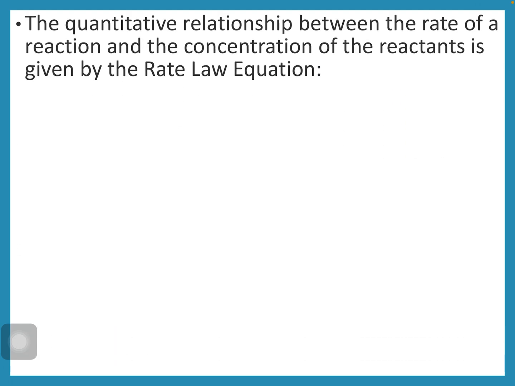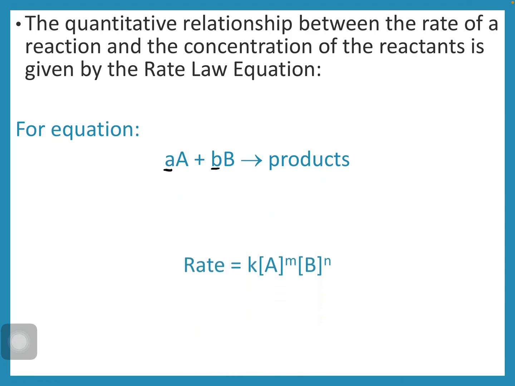So there is a quantitative relationship between the rate of reaction and the concentration, and what we have is called a rate law equation. So whatever our products are, this is going to be our stoichiometry. So I have a certain number of moles of reactant A and a certain number of moles of reactant B, and then I have the products.